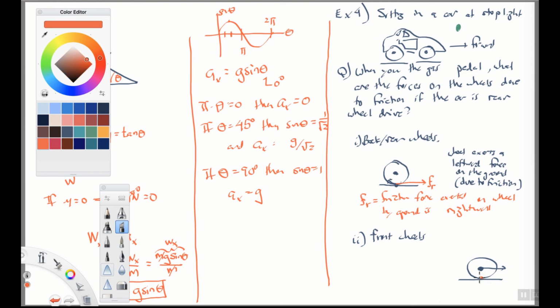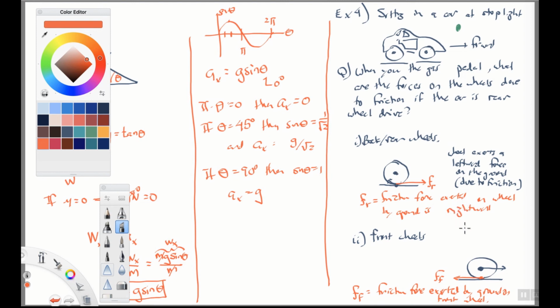And so as a result, there is a friction force exerted by the ground on the front wheels. That's the friction force exerted by the ground on the front wheel. Notice that the frictional force is in the backwards direction on the front wheels and in the frontward direction on the back wheels.